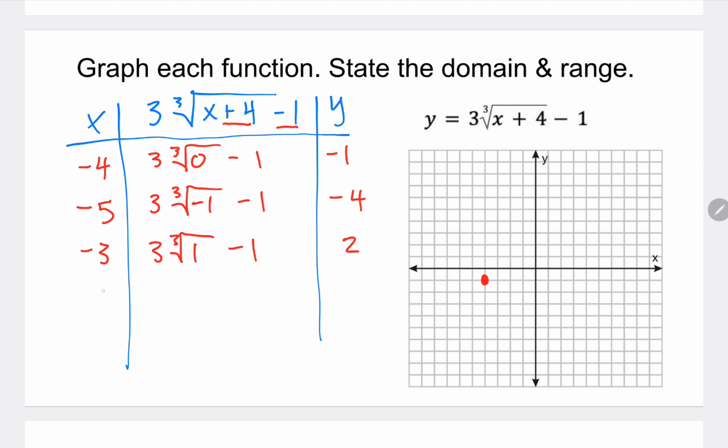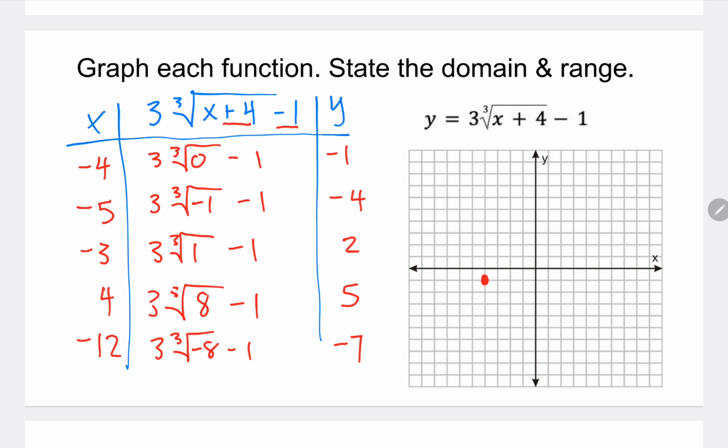So if I plug in 4, I get the cube root of 8, which is 2. So that comes out nicely. And then to get negative 8, I'd have to plug in a negative 12. But I can still do that. Let's say negative 7.